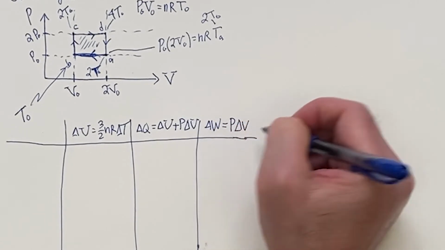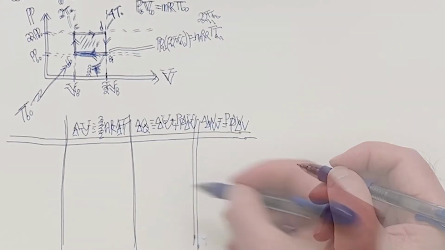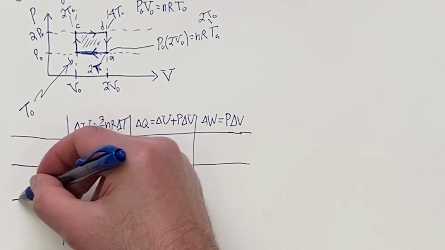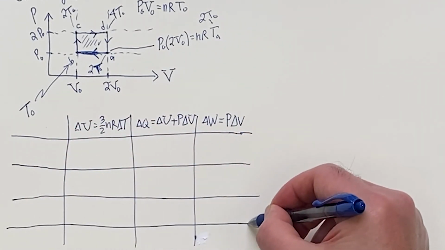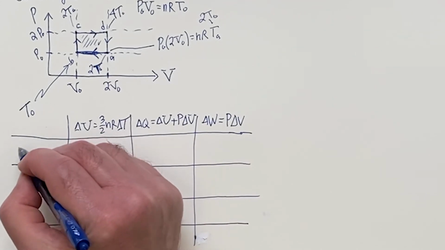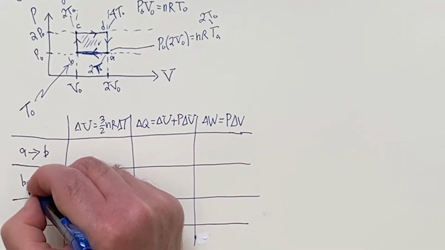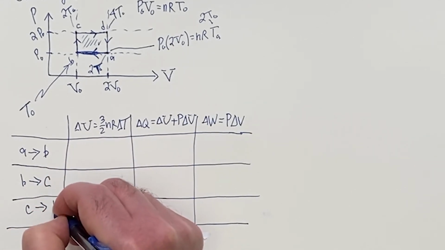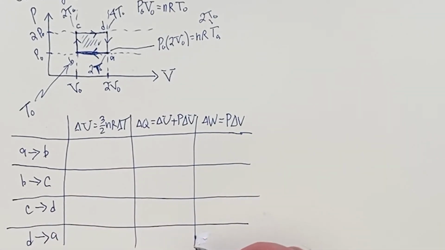So this is a nice problem that explains everything with the application. And then let's look at going from A to B, and then from B to C, from C to D, and from D back to A to complete one cycle of the engine.